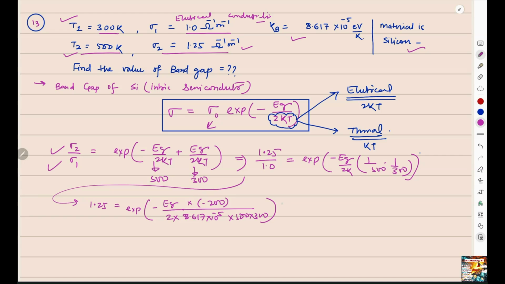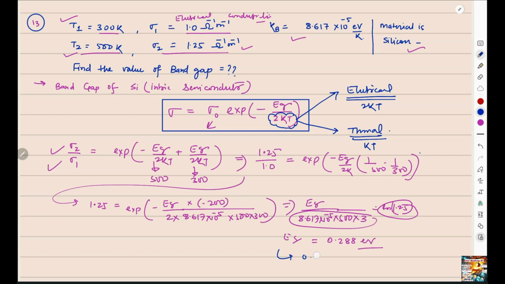After solving and taking natural log on both sides, we get Eg by 8.617 into 10 power minus 5 into 500 into 3 equals ln 1.25. So Eg we will get by multiplication of this and this. The final answer would be 0.288 electron volt. Up to 2 decimal we have 0.29 eV as the correct answer.